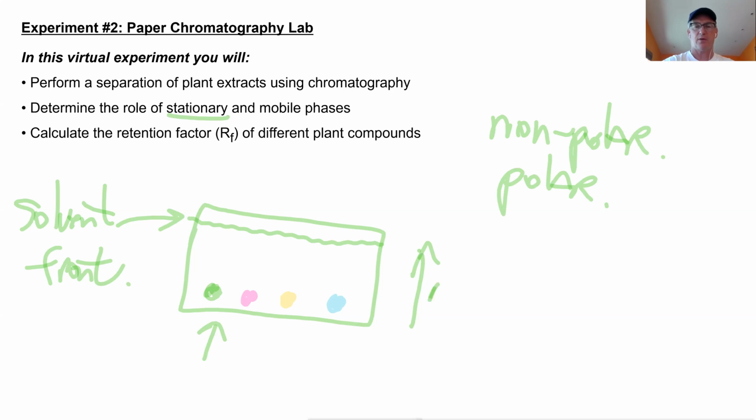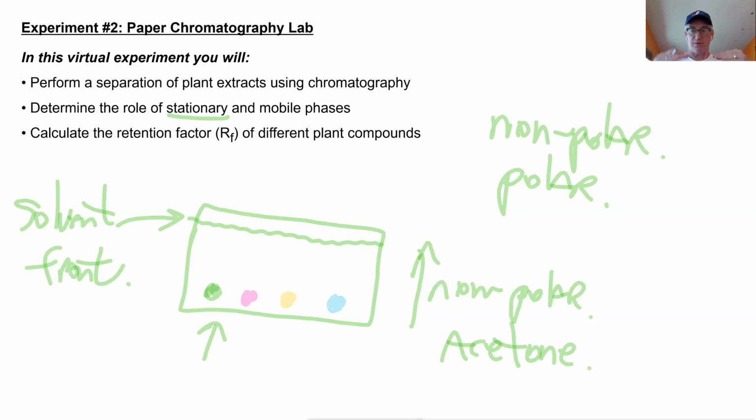So I have a nonpolar solvent, or slightly less polar than water, anyway, like acetone or something. Acetone is still polar, it's just not as polar as water.